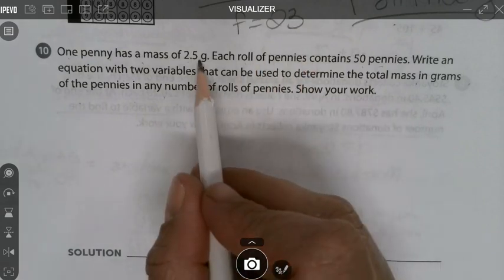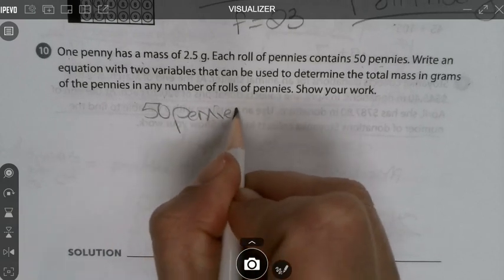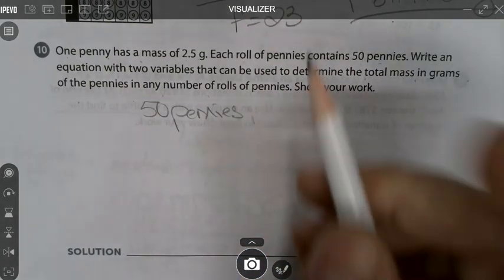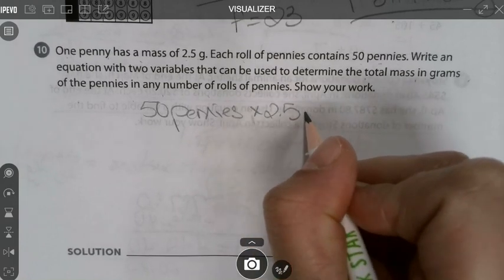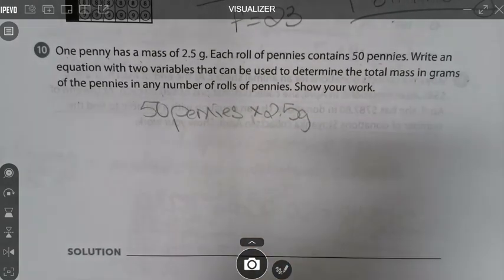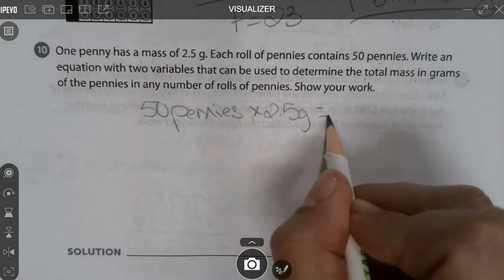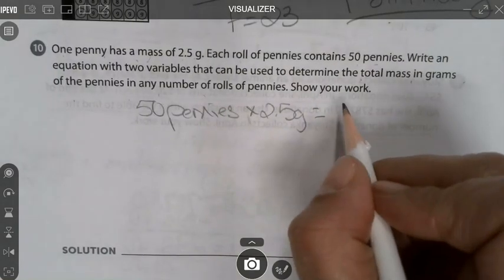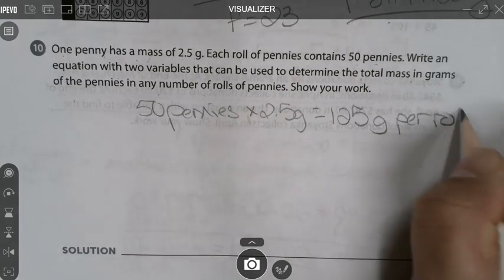All right, so we know there are 50 pennies per roll. And then we know that each of the pennies is 2.5 grams. Okay, 1 penny. Okay, so if I do 50 times 2.5, that would mean that each roll is 125 grams per roll.